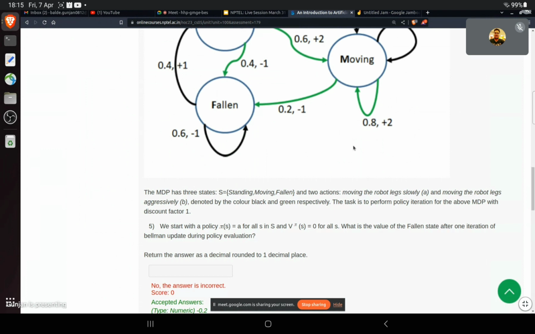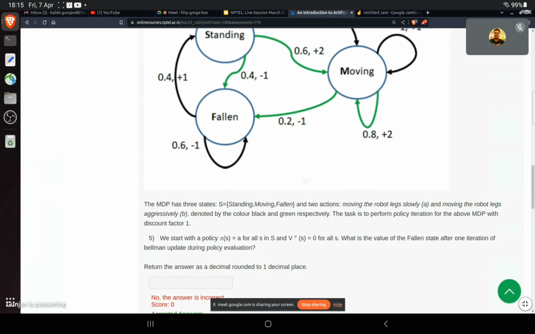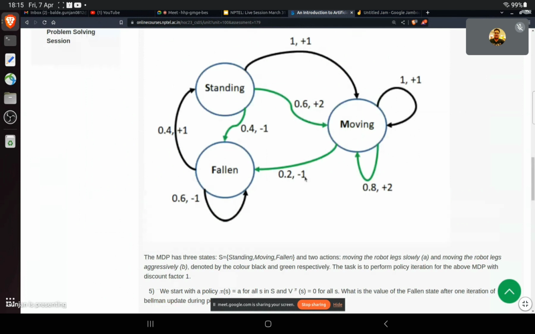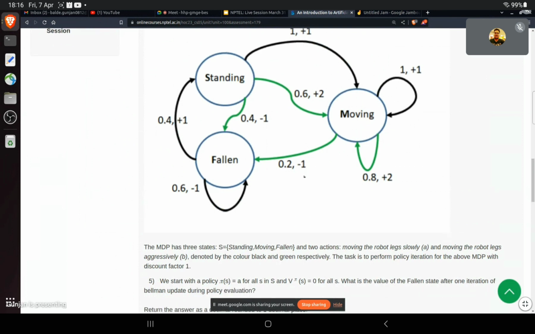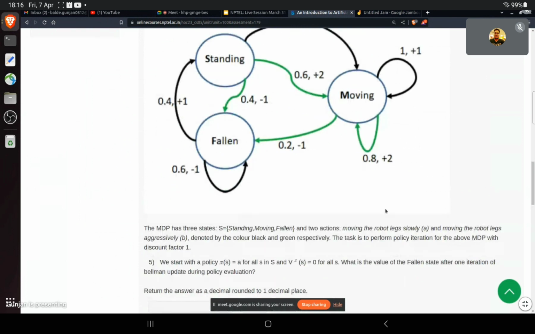Now, what is the value of the fallen state after one iteration of Bellman update during policy evaluation? In the fallen state, we are taking action A, that is denoted by the black color.